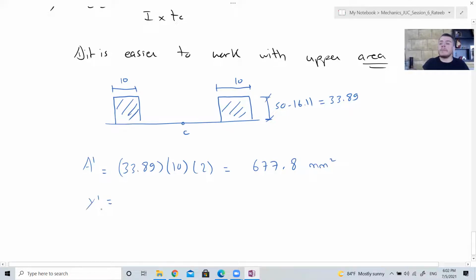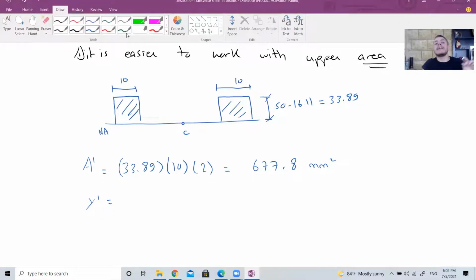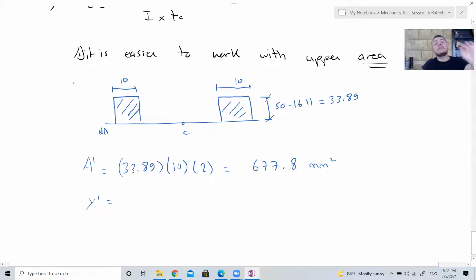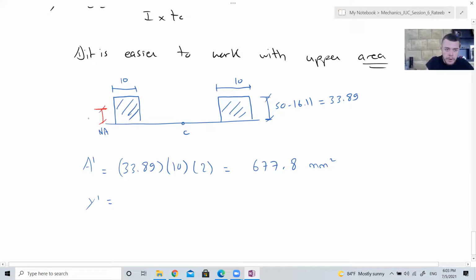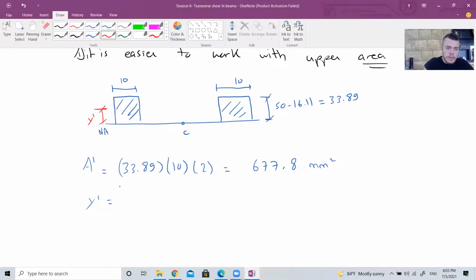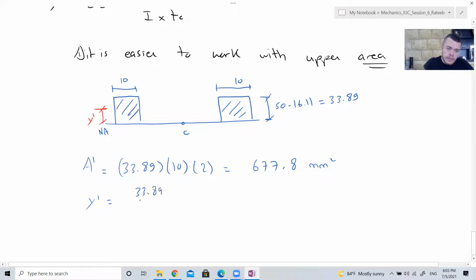What about y prime? This is the neutral axis. Y prime is the vertical distance between the neutral axis and the centroid of area prime. Where is the centroid of area prime? 33.89 divided by 2. Right, this is the y prime, from here to here.